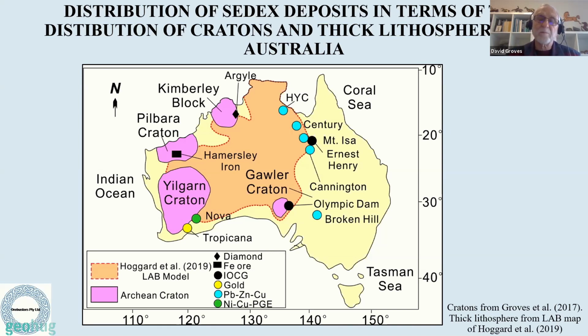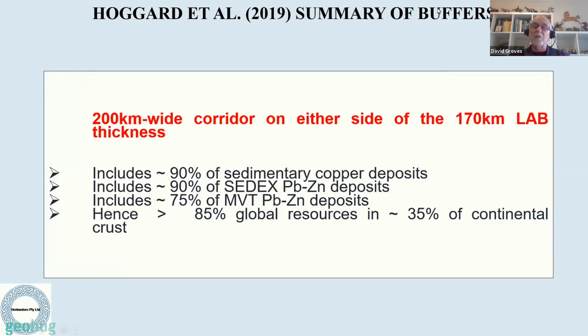Hoggard et al., in the summary of their buffers, show, I mean, you wouldn't normally think of SEDEX deposits or MVTs or Zambian type copper belts on Craton margins.